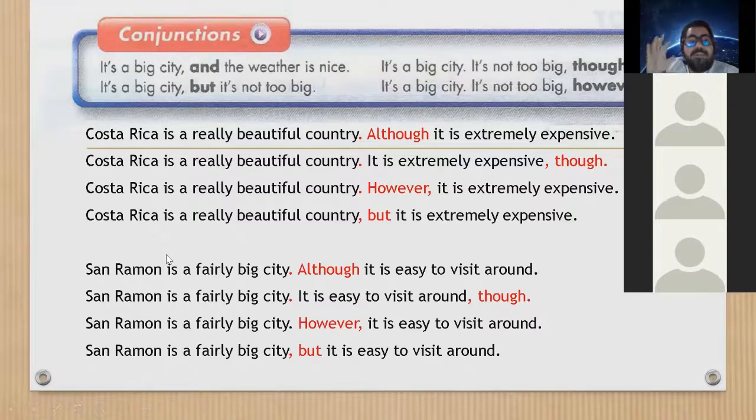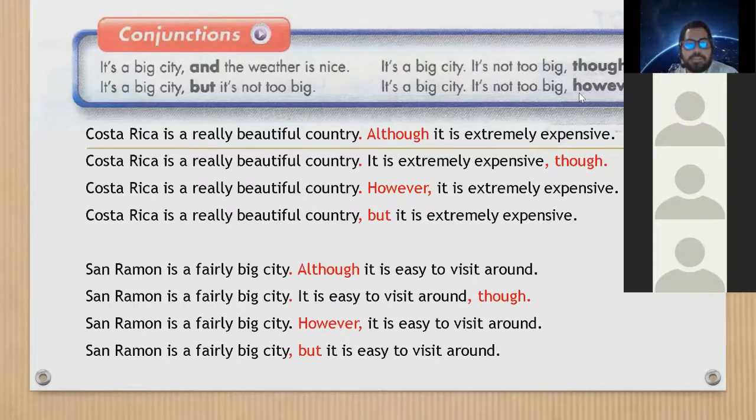I'm talking about the beautiful San Ramon. I don't know if in this one can help me. You're learning to read, okay? Let's see if she's there. Okay. San Ramon is a fairly big city, although it is easy to visit around.